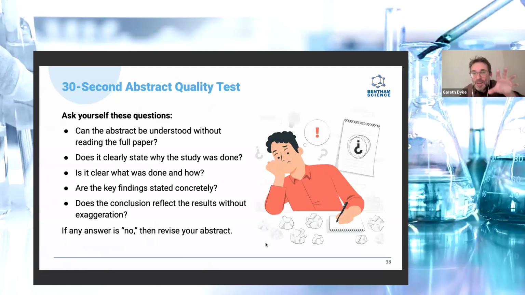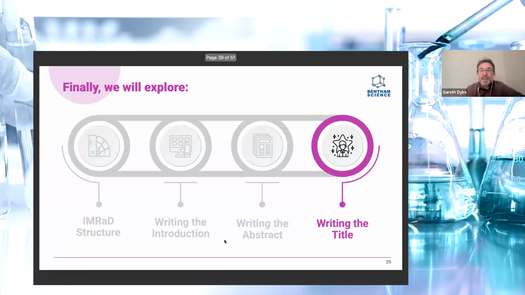Are the key findings stated concretely? And does the conclusion reflect the results without exaggeration? If your answers or your colleagues' answers or your supervisor's answers to any of these questions about your abstract are a no, then have a look at revising it before making a submission. So, IMRAD, introduction, writing the abstract.